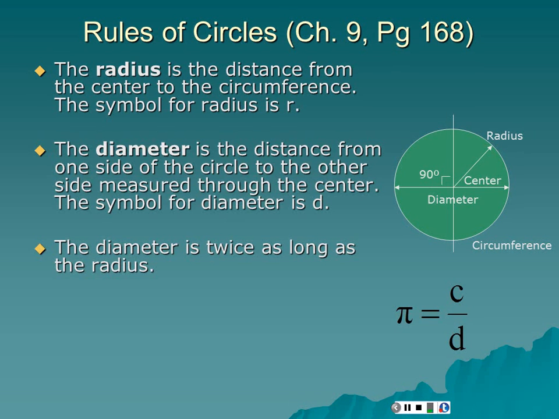You can start from here, pass through the center and go all the way to the other side. That will be the diameter. Theoretically, diameter is twice as long as the radius. You can feel it from here, right? For any circle, the diameter is twice as long as the radius.